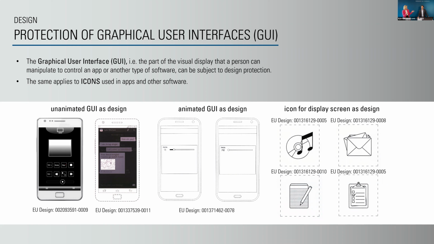So the collective design, for those of you who are not so familiar with it, is a bundle of design filings, right? Yes, but you have the collective application. This means that you have a cost saving effect if you put all the designs in one application, but at the end each of the designs is a single application.